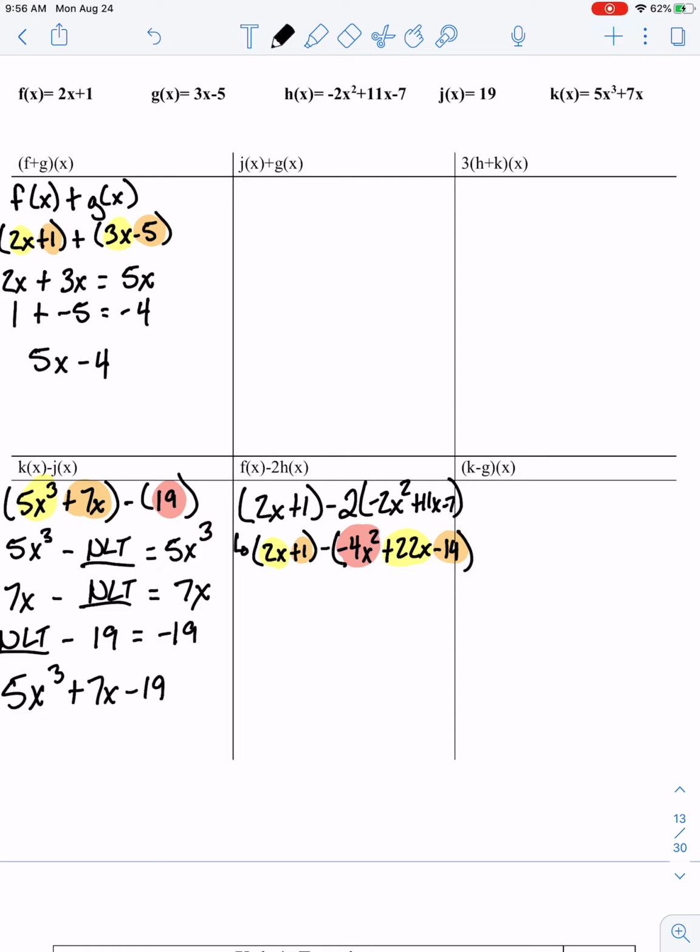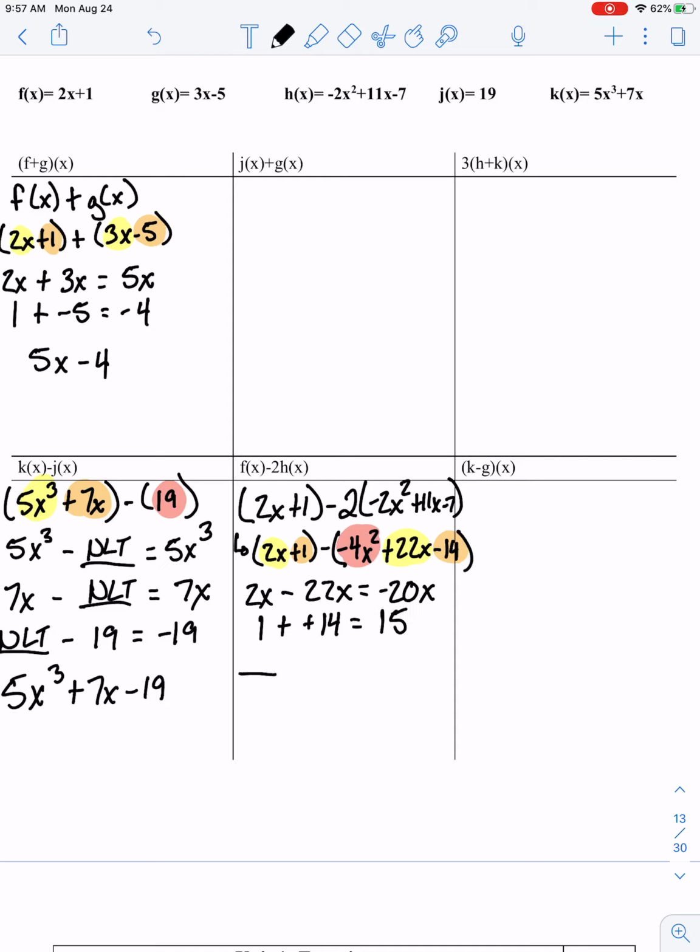Now, when you write these, again, take what's on the left. I'm subtracting yellow and yellow, so 22x. 2 minus 22 is negative 20x. 1 minus negative 14, that changes to addition, so it's 15.